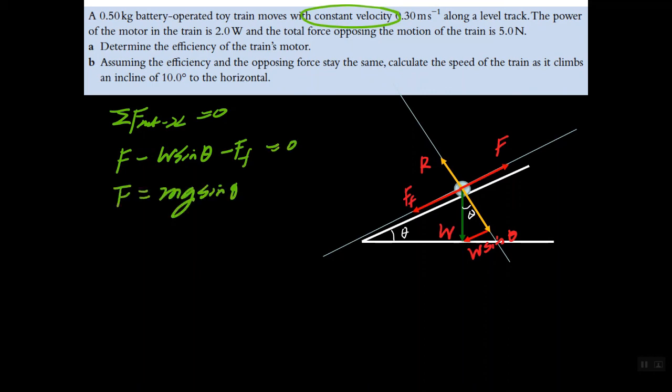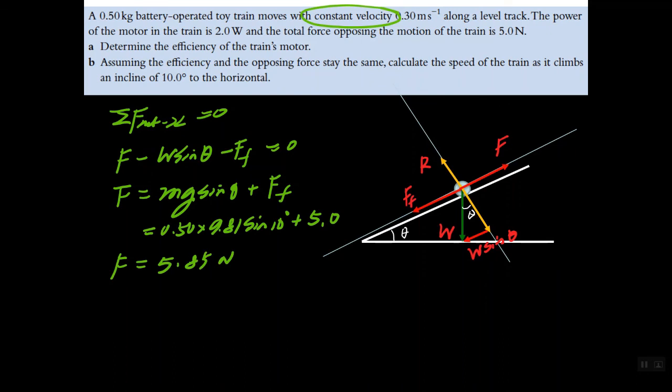So the engine force F equals mg sine theta plus the friction force. Mass is 0.5, acceleration due to gravity 9.81, sine 10 degrees, plus frictional force 5. That gives us 5.85 Newton.